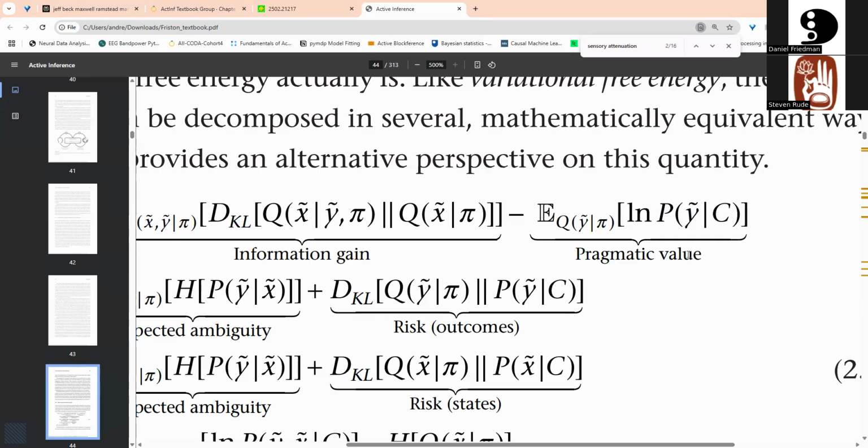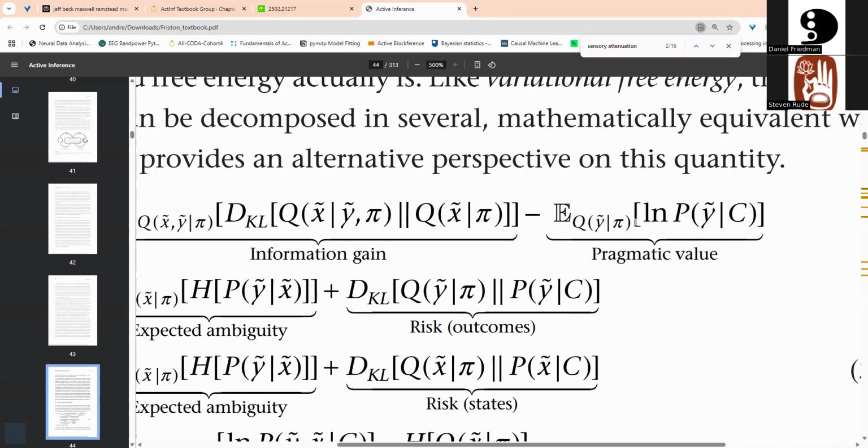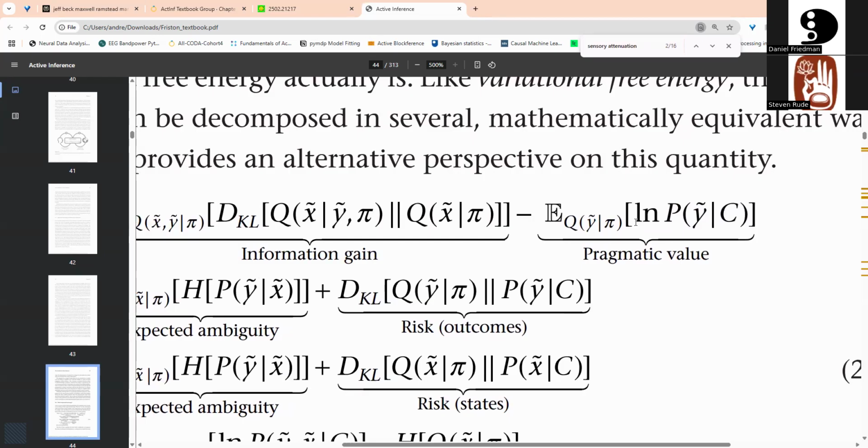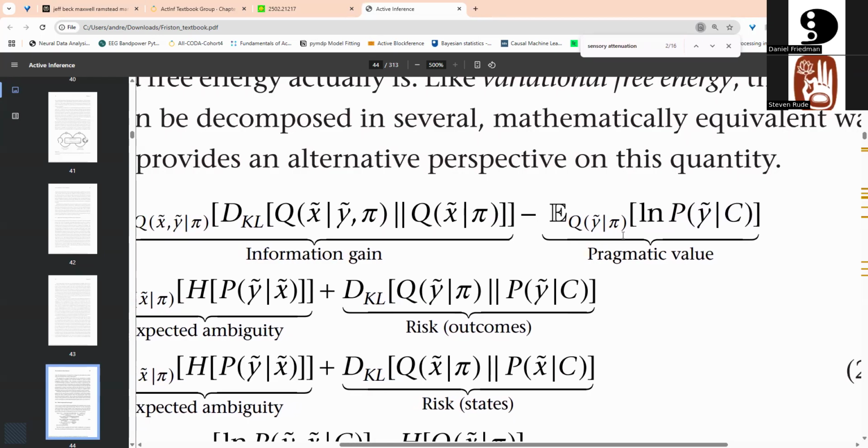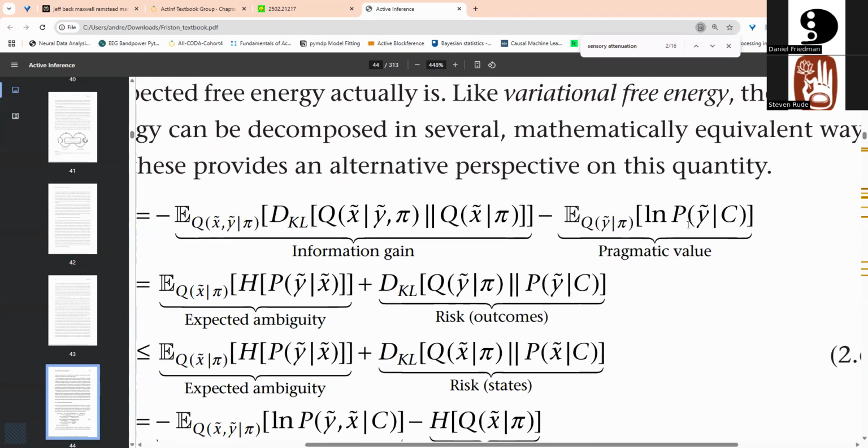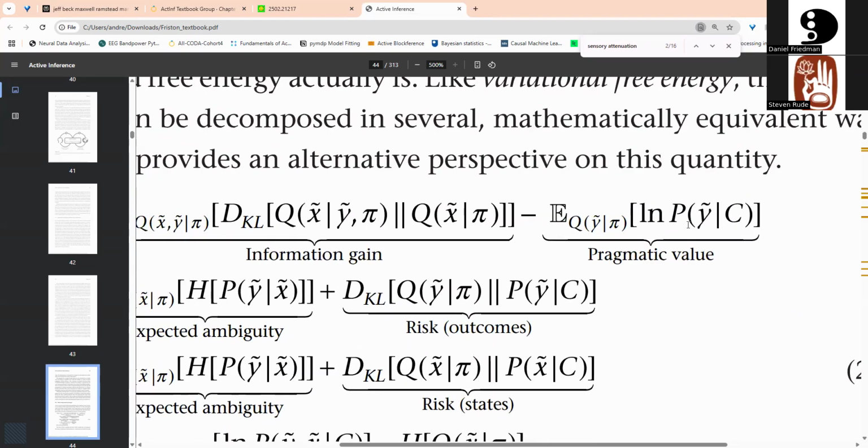Couple of questions though. Why the logarithm? And also, it has to do with the probability that you see what you want to see, but it doesn't say anything about how much you want to see what you want to see. Typically, pragmatic value isn't about just how likely you are to get what you want, but how much you actually want what you want.